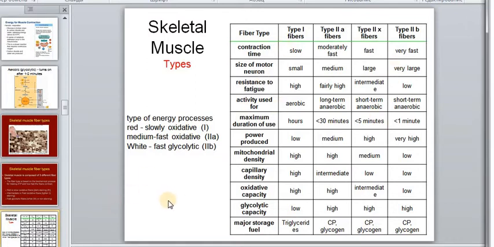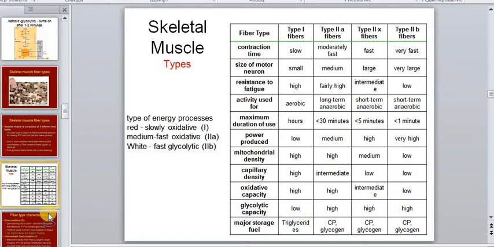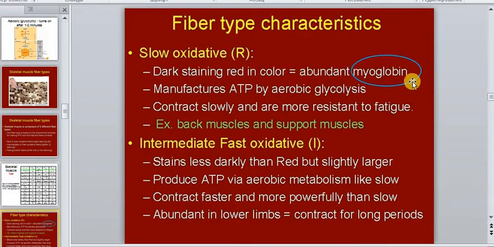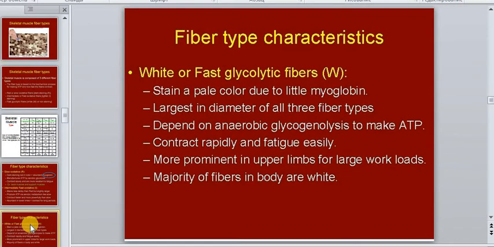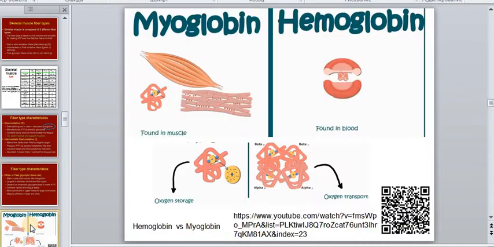All of them have their own characteristics, and so we meet another important molecule. Here we can see myoglobin molecules and a description for all these types. About this very important molecule, I will leave the links. Inside the red blood cells we have a special protein, hemoglobin.